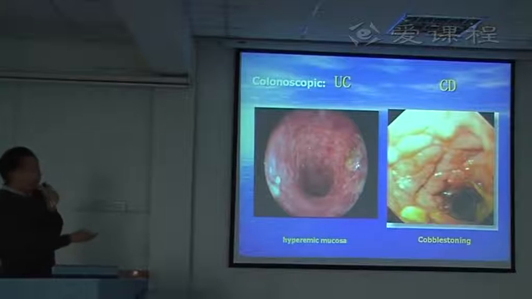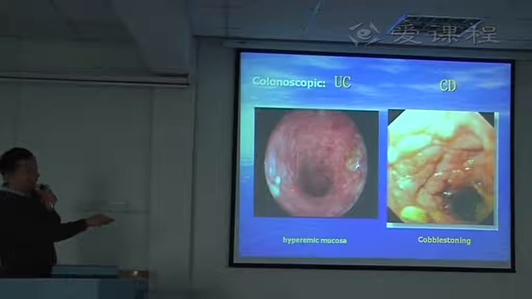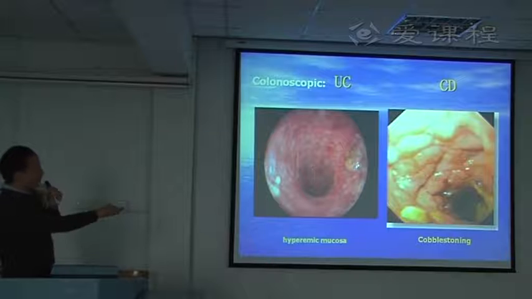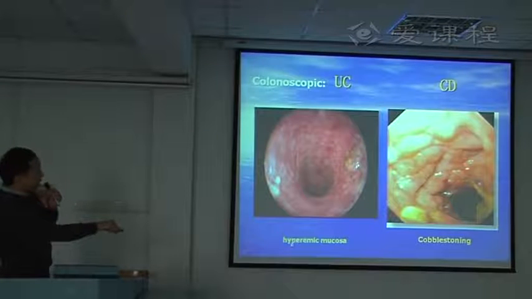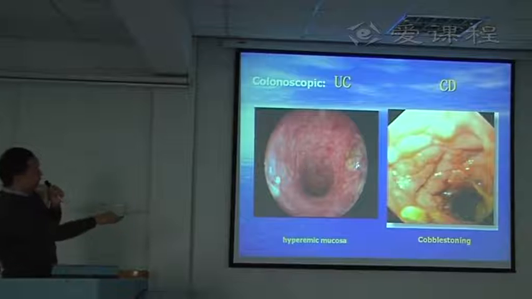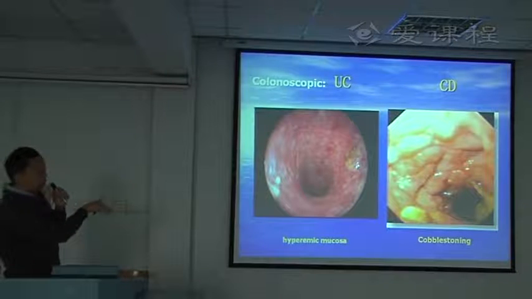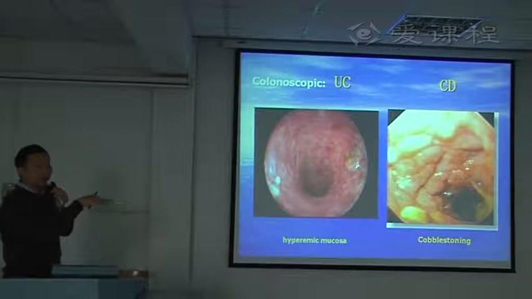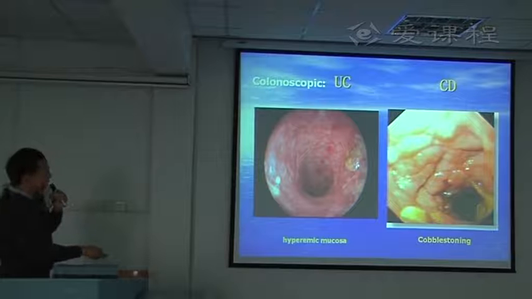So these are the colonoscopic features. You see, it's a continuous lesion, and I think the lesion is very superficial, maybe just in the mucosa. So it's hyperemic mucosa.